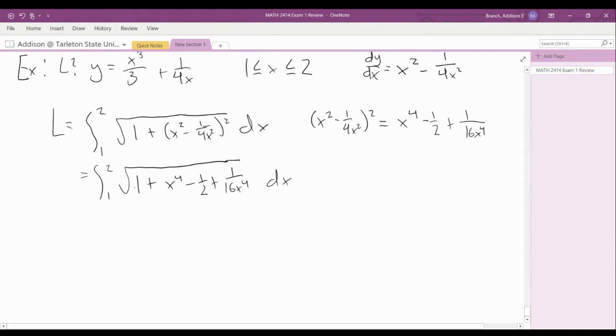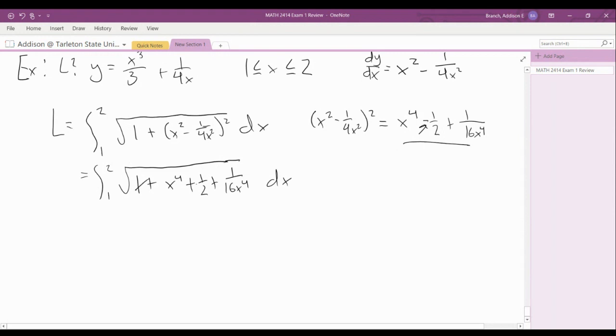We can simplify the 1 and the minus 1/2, so we get a plus 1/2 there. This section under our radical looks very similar to what we got up here; the only difference is that this sign changed.